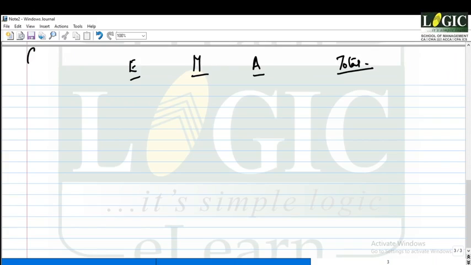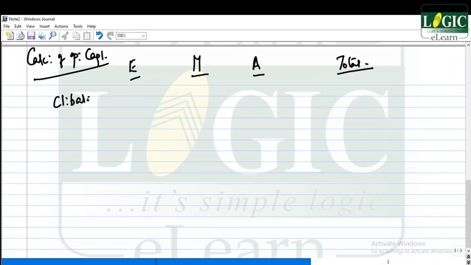Okay, the first step is the calculation of opening capital. How to calculate opening capital? I told you to put your vehicle in the reverse gear. These are closing balances, because this is the balance on 31st March 2014.